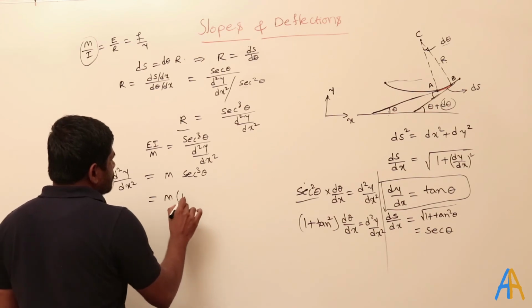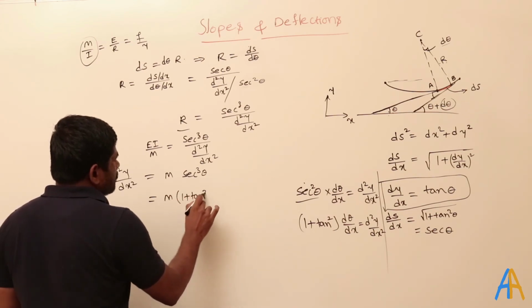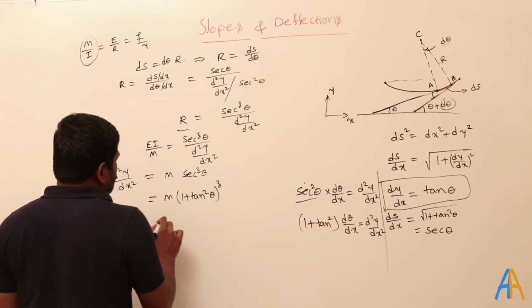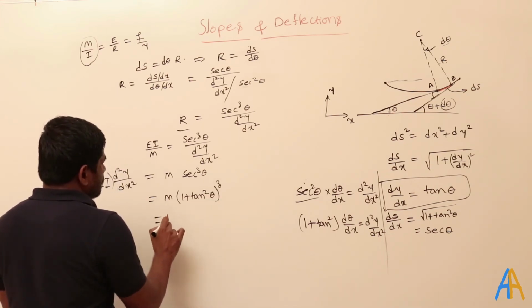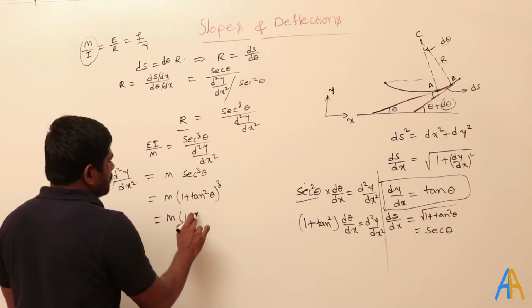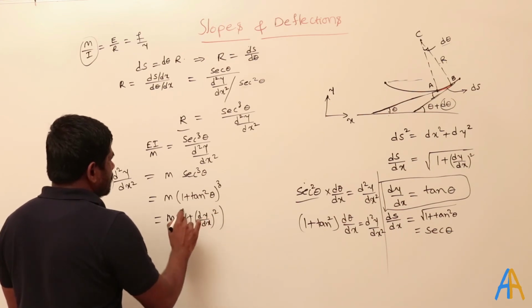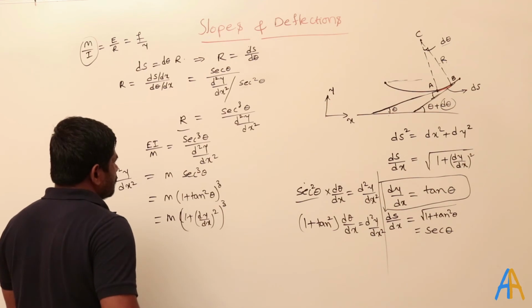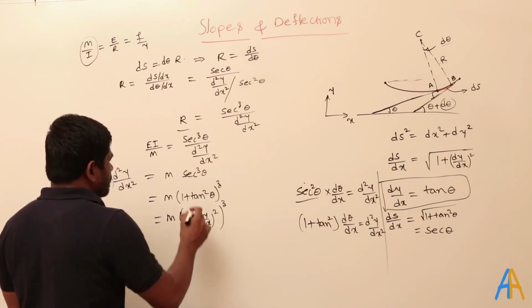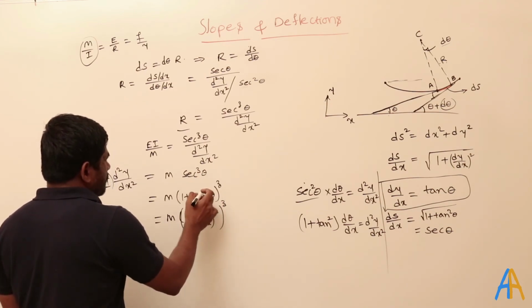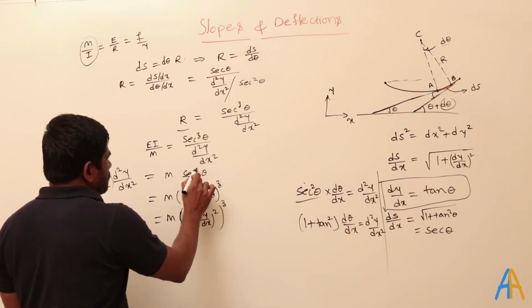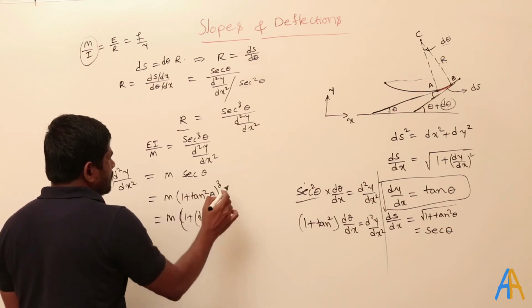M into secant cube theta is M into 1 plus tan square theta whole cube, and that is M into 1 plus dy by dx whole square, again whole cube. Okay, this is the value. See, this is not a formula.